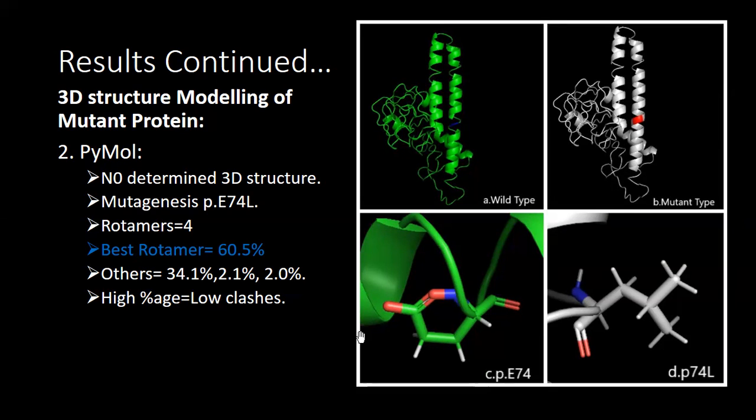It is located in the green position, and the mutated 3D structure has the mutation point in red. Also the position of E74, glutamic acid, is in picture C, and in picture D the position of leucine at 74 is also present here.